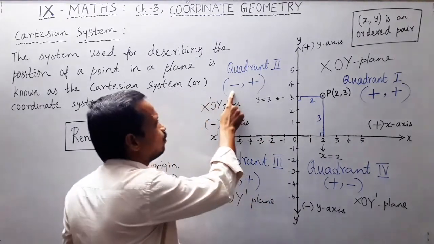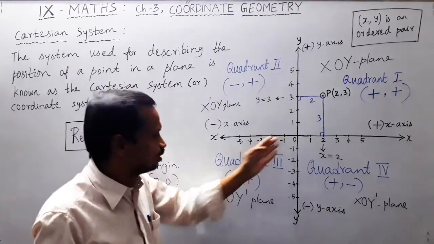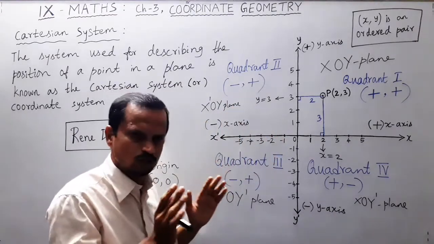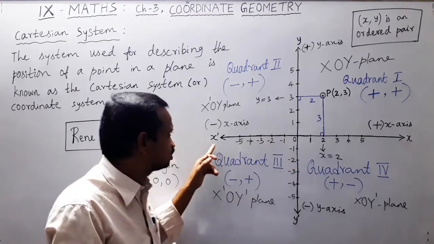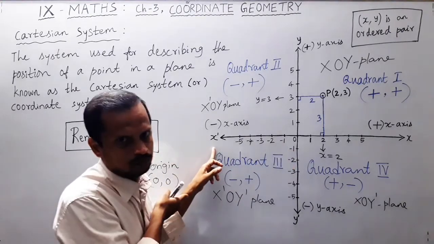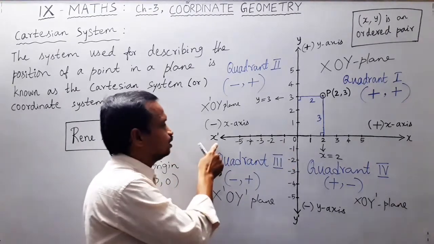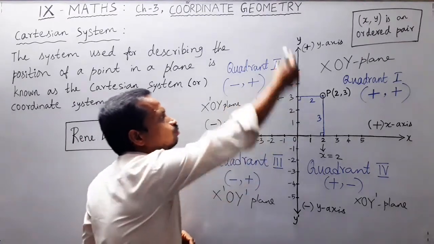So here it is minus, plus. Minus represents the first, because first we have to write x. What is the x here, negative or positive? Negative, so minus. And then y is positive.